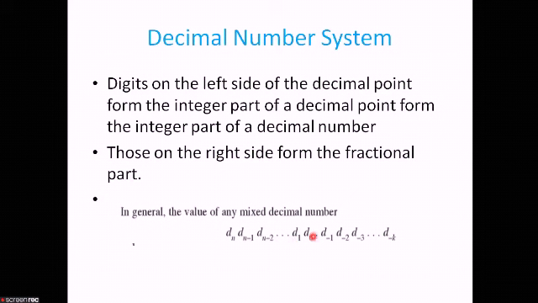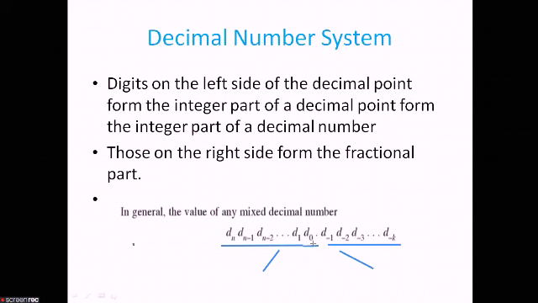So suppose this is the point. This whole part before the point is the integer part, and this one is the fractional part. Now from this point we will start counting.